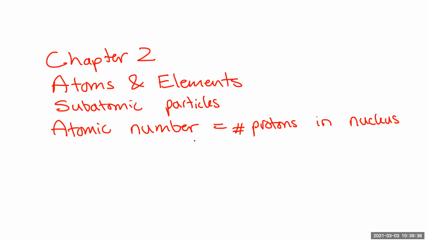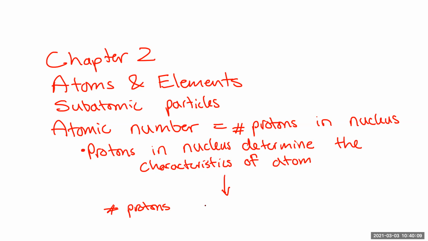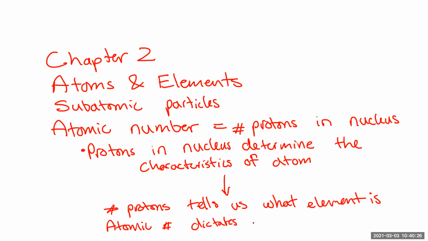And one of the really important aspects about the atomic number is the fact that because protons in the nucleus determine the characteristics of the atom, this means that from this we can arrive at the fact that the number of protons tells us what the element is, which means therefore that the atomic number dictates which element we're talking about.